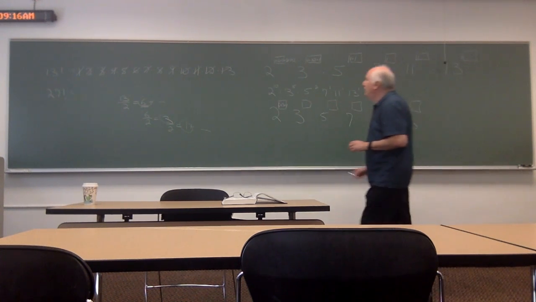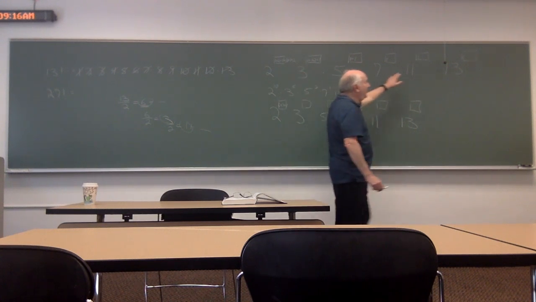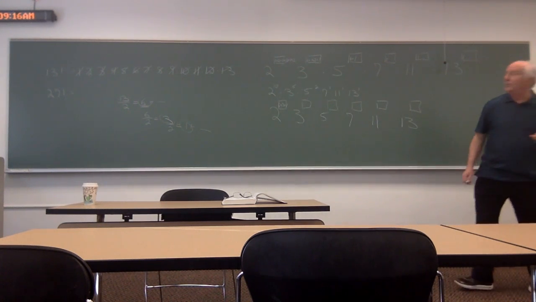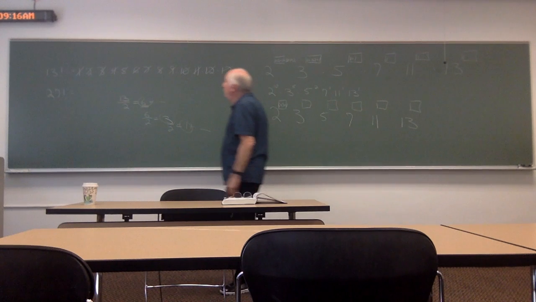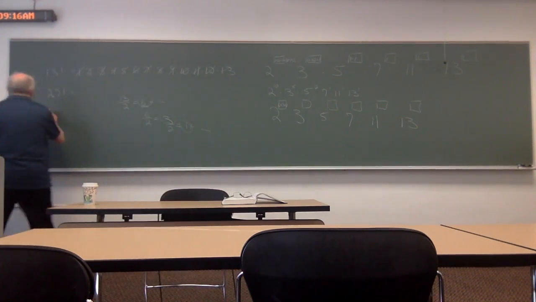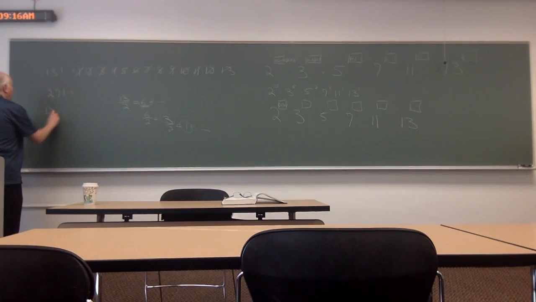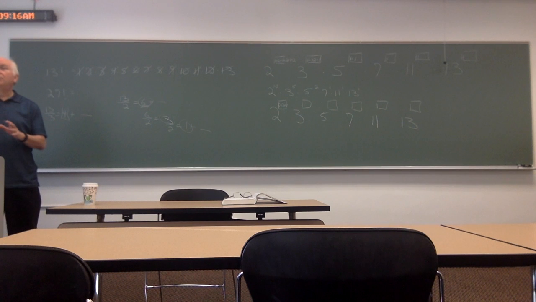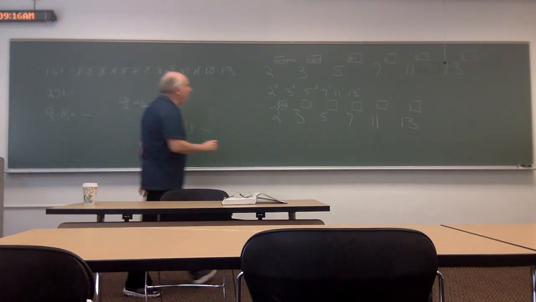If you want to do this for 3, and as the primes get bigger, this gets much, much quicker to do. Let's move to the next prime, which is 3. If we start with 13, and we divide by 3, you get 4 plus. That means 4 of the numbers are multiples of 3.